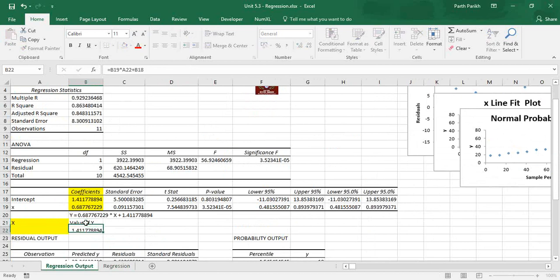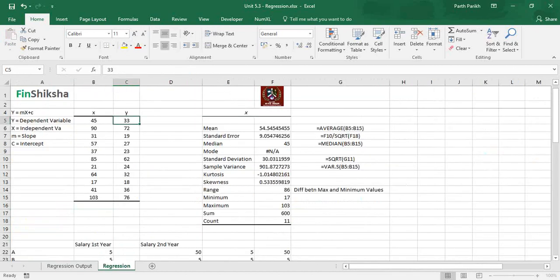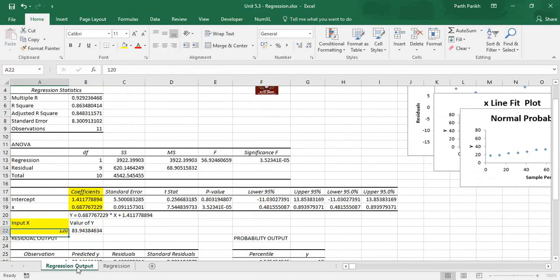So if I put x as 120, my y would be 83.94, depending on this equation which we have got using the historical data. If my value of x is 150, then my value of y is this.